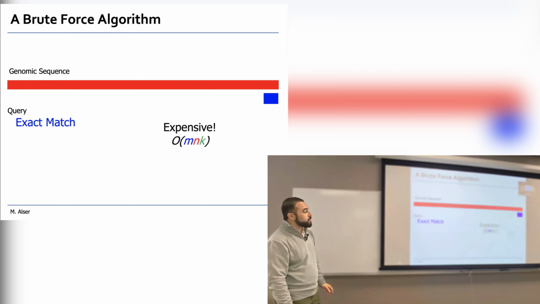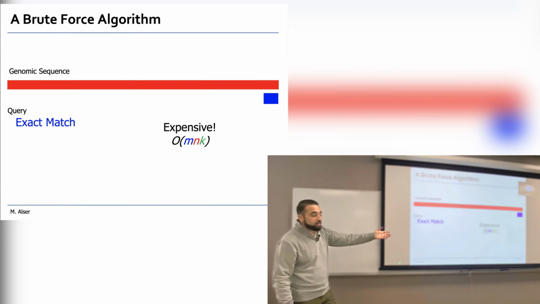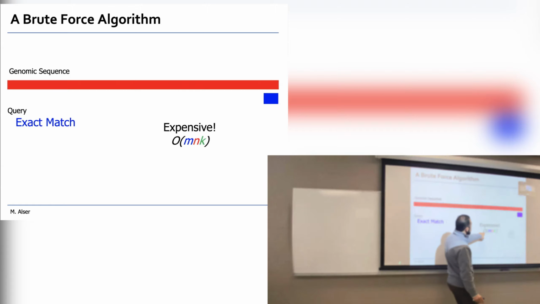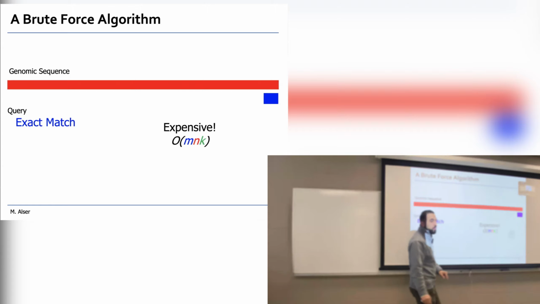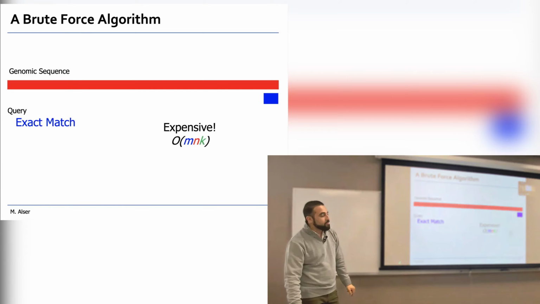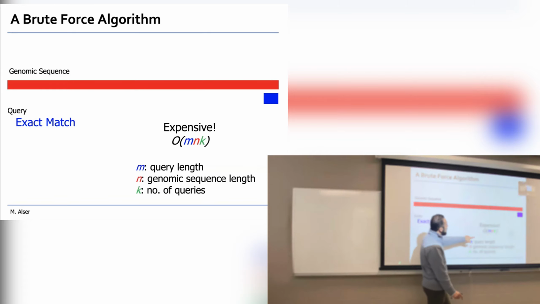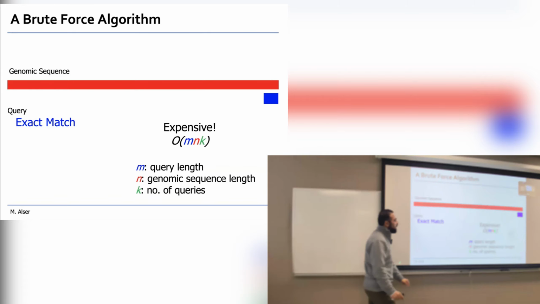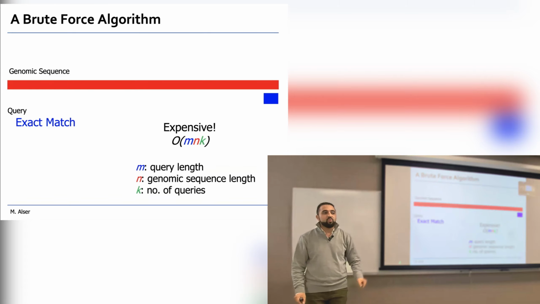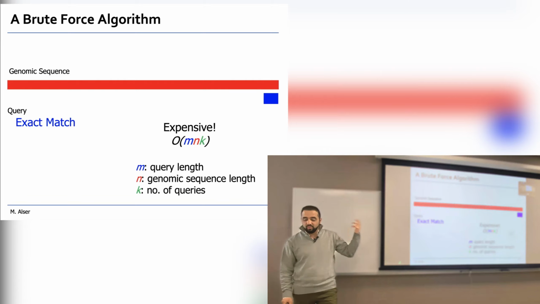And we said that is an expensive approach because it requires O, which is big O notation, of M times N times K. And what is M? You can match the color and guess it yourself. It's the query length, N is the reference length, and K is how many queries we have, if we want to do that 1 time, 2 times, 3 times.